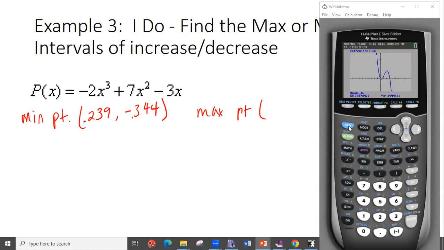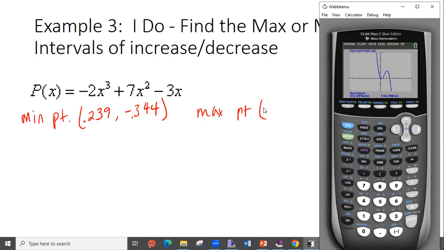So again, this time second trace. Now we're going to max. So we're going to go to the left of it. Then I'm going to go over to the right of it. Press enter. Yeah, I want you to guess. I don't know why it's like, are you sure?